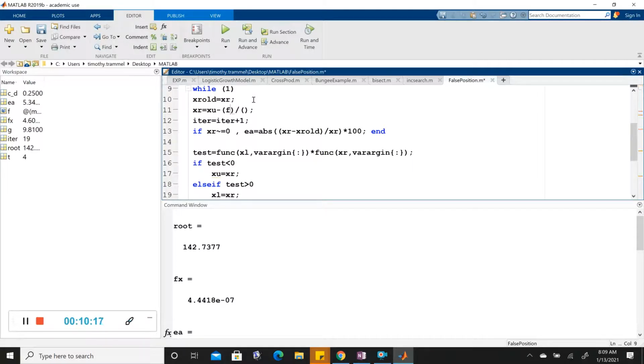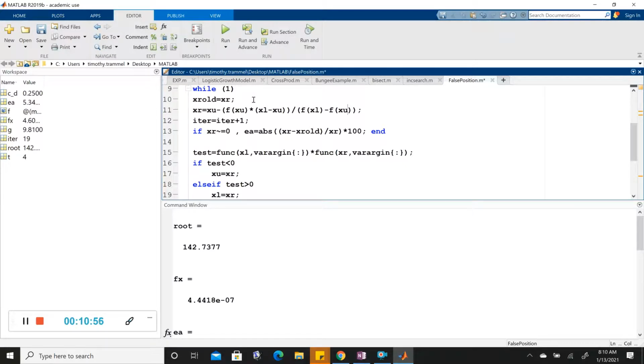So then we'll have f of x sub u times x sub l minus x sub u. So that's our numerator, right? And then we want to move down to our denominator. And the denominator should be f of x sub l minus f of x sub u. Okay. And let's see. That all looks good.